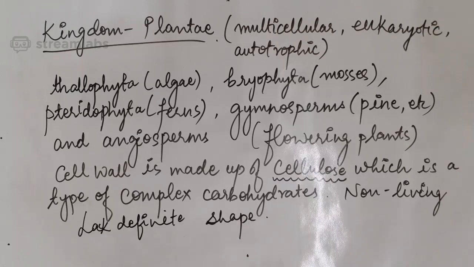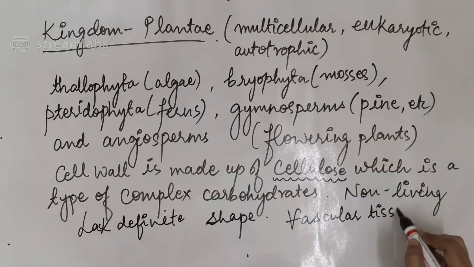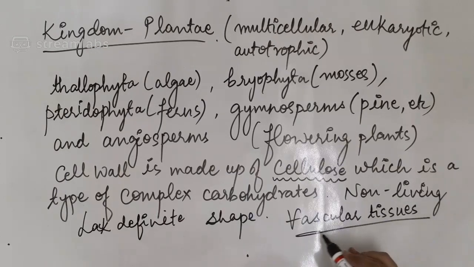Plants are further divided on the basis of the presence and absence of vascular system or vascular tissues. Vascular tissues are xylem and phloem.